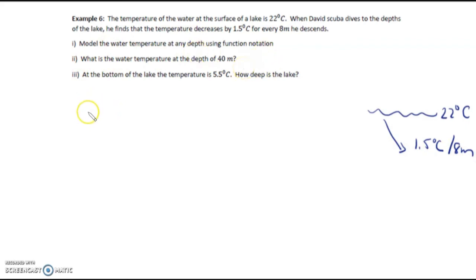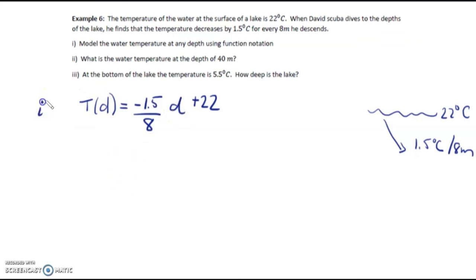So we can say the temperature at depth D equals, and this is obviously a line, so plus 22 would be our y-intercept, and our slope would be -1.5 per 8 meters. We can call this temperature at D.